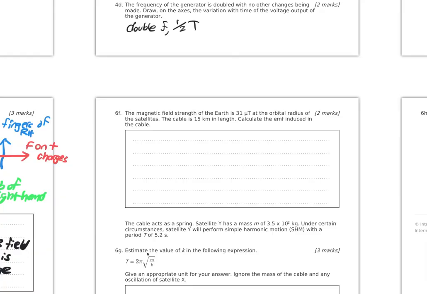So 6F actually uses an equation that we talked about at the very beginning of 11.1 and haven't come back to, and that's that the EMF in a wire moving in a magnetic field is the magnetic field strength times the velocity of the wire times the length of the wire. And so we get 31 micro Tesla times 8,000 meters per second times 15 times 10 to the 3 meters.